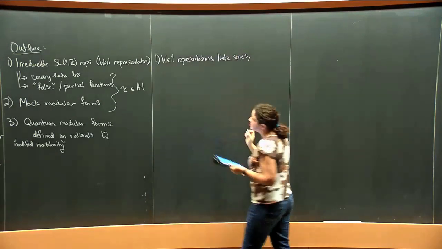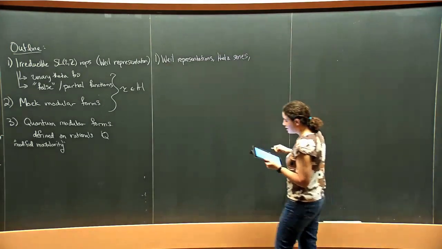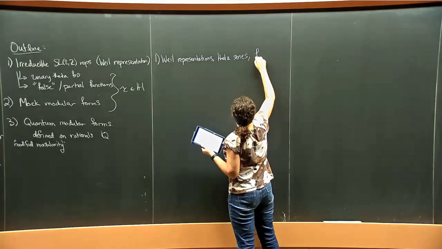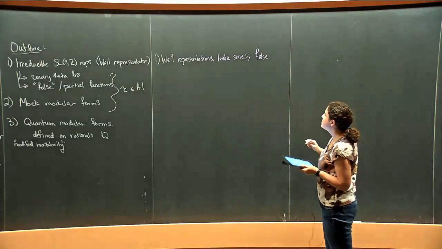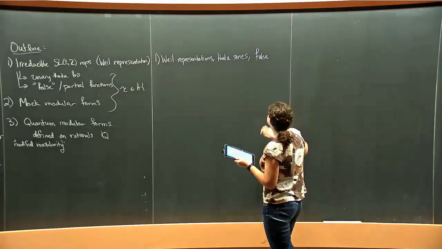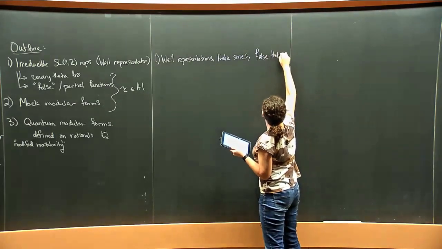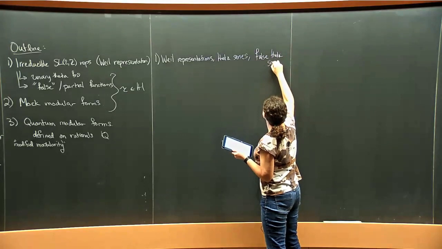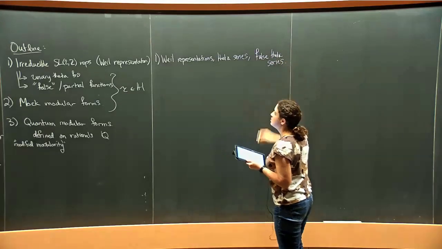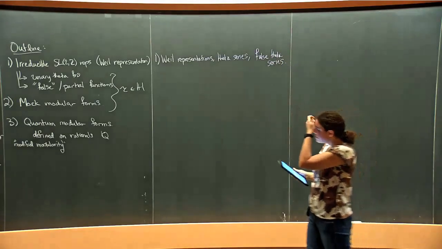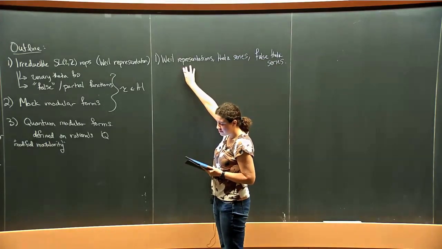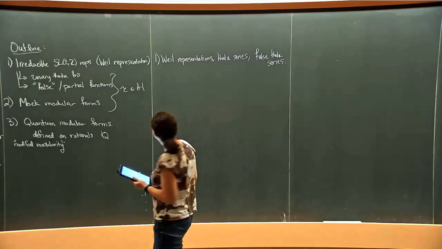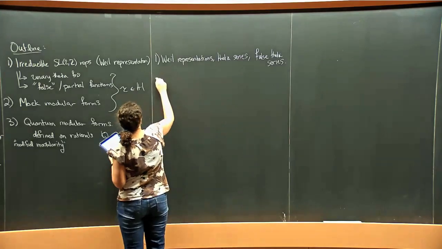I want to describe a set of ideas which are all related and are based on vector-valued representations of the modular group. The representations we're going to consider are known as the Weil representation.